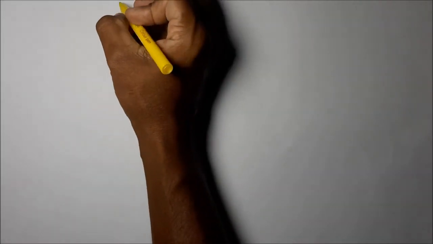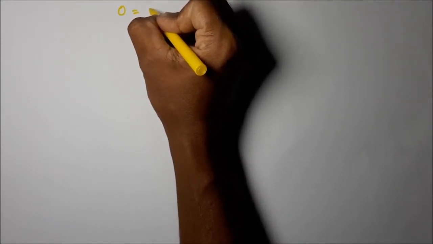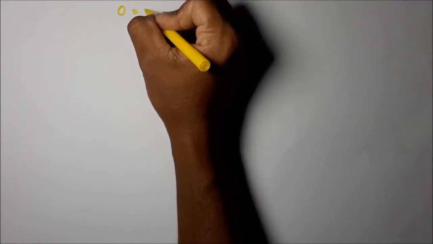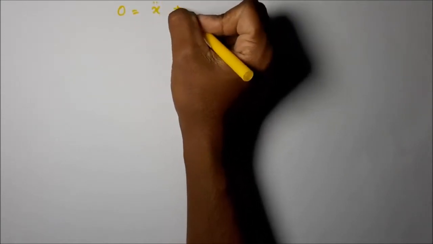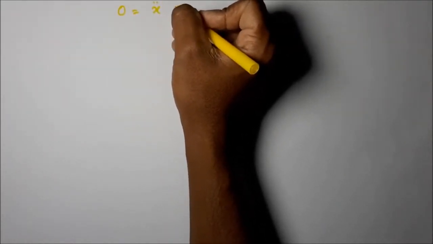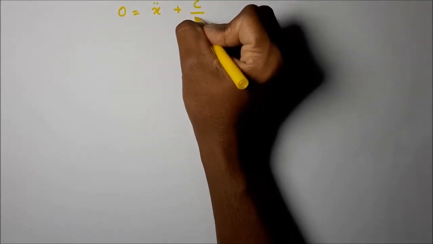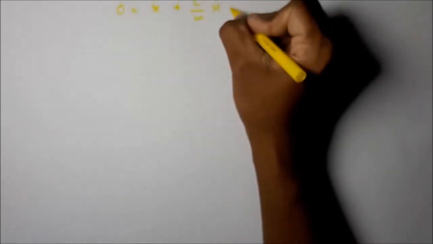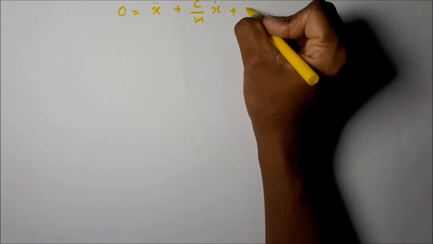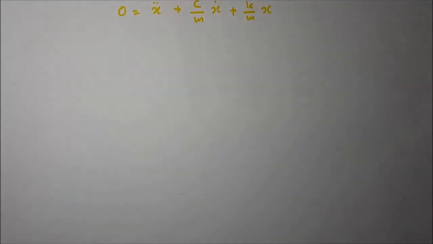So what is the equation we got? 0 equals x double dot plus c divided by m. There should be an x dot in here, sorry, plus k divided by m into x. This is the equation we got.